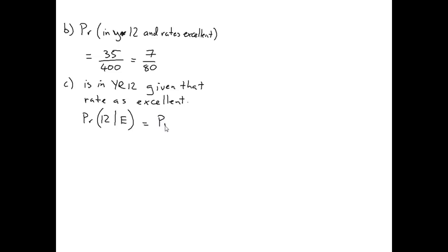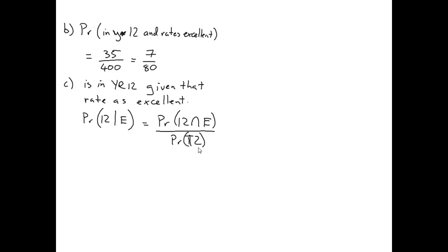So we need the probability that you're in year 12 and that you've rated the canteen as excellent, divided by the probability that you're in year 12. How does that work? Well, the probability that you're in year 12 and excellent, we've just worked out at 7 over 80. What's the probability that you're in year 12?